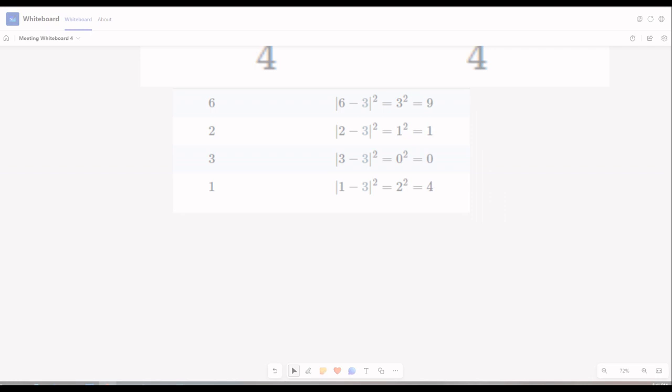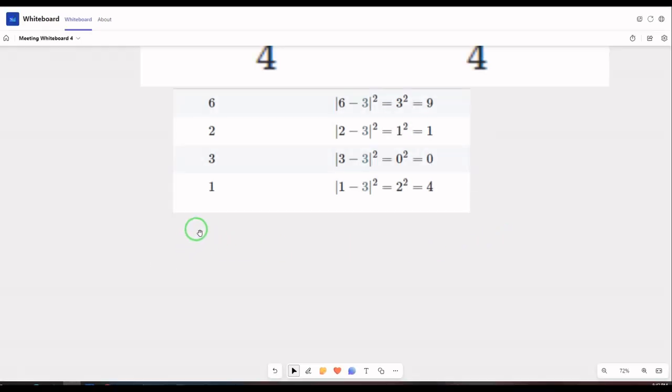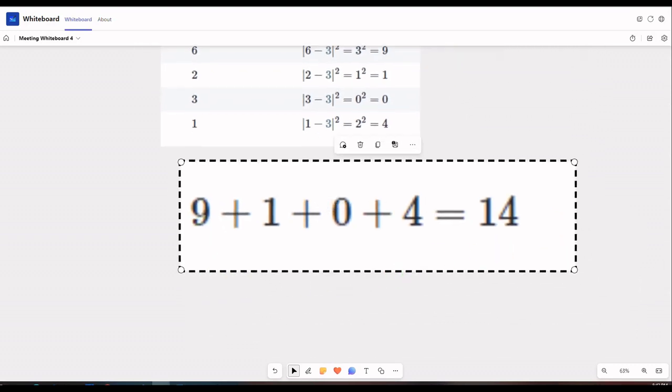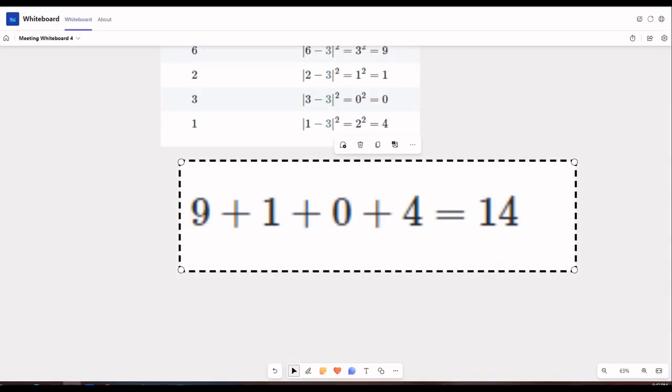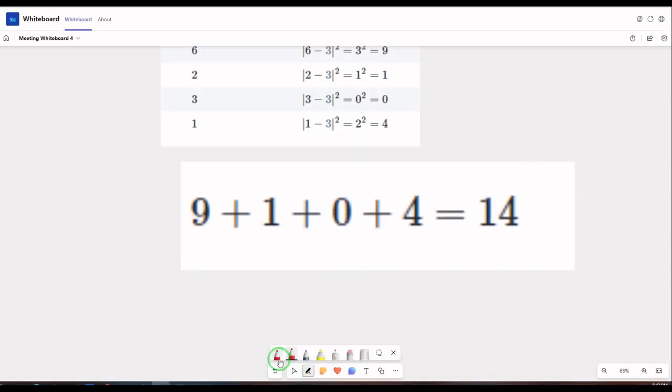So you add all of these numbers, so 9 plus 1 plus 0 plus 4, which adds up to 14. That's the next step, right? The very final step would be what exactly? Yes, the next step would be dividing 14 by n minus 1, which is 3, right?